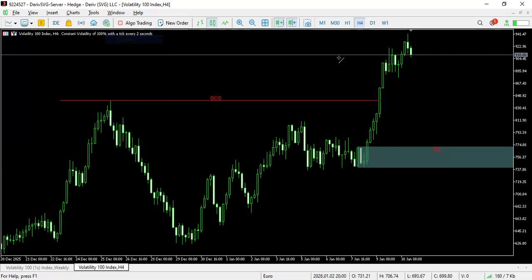And I can also see a break of structure there. So we have a break of structure there.